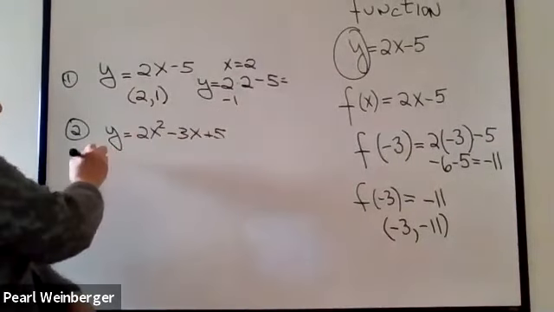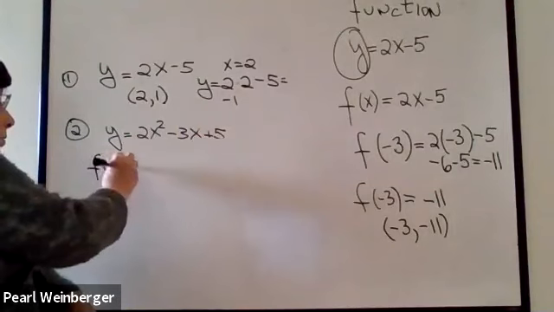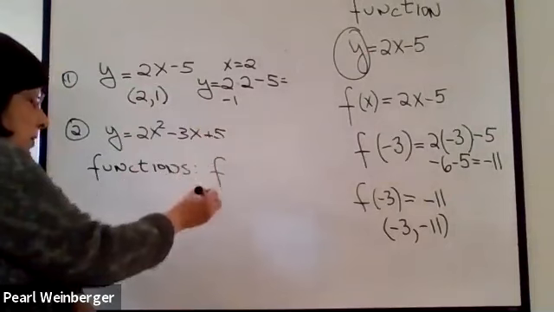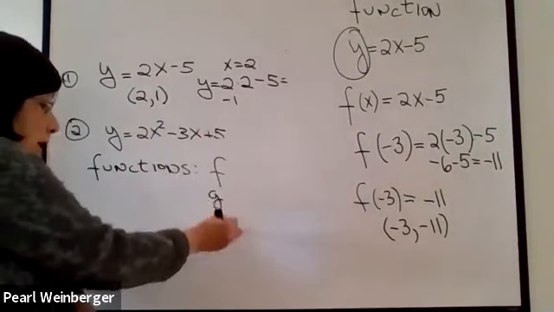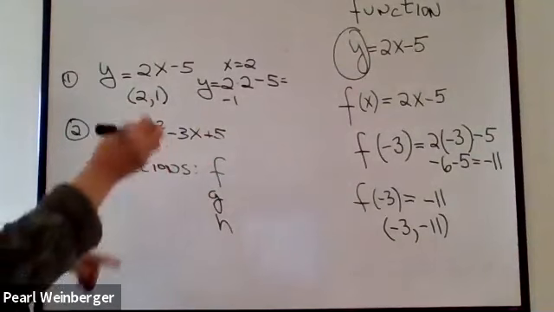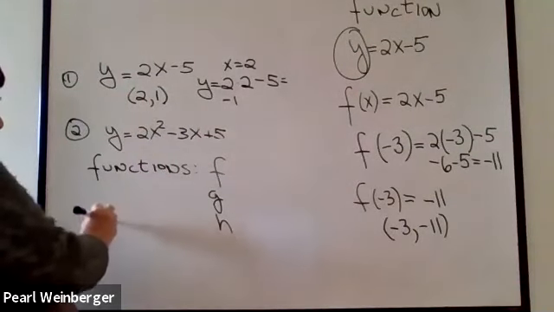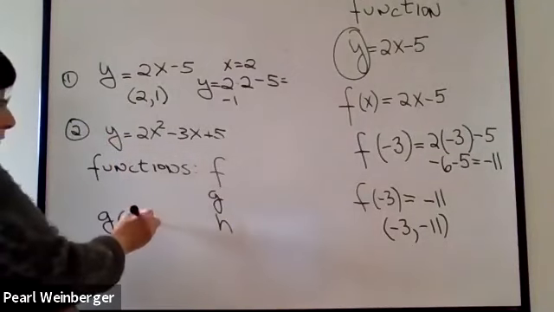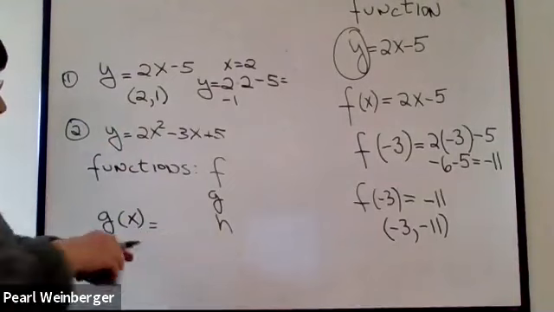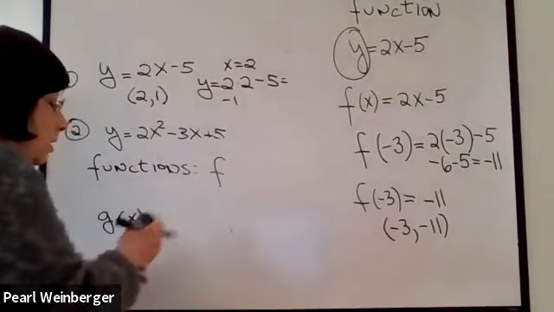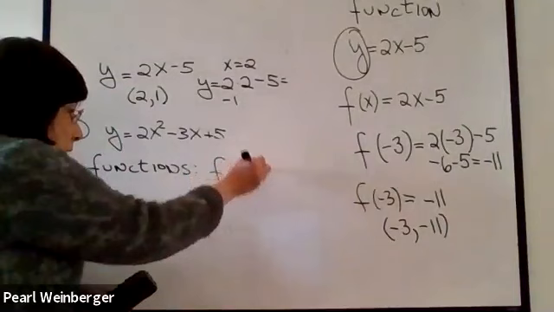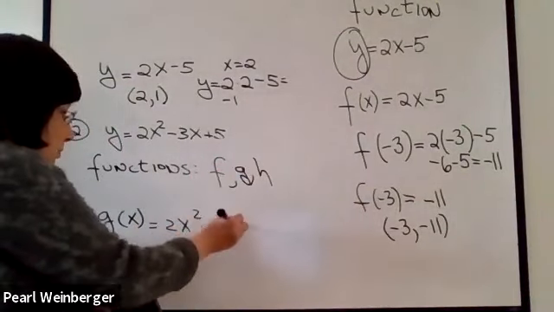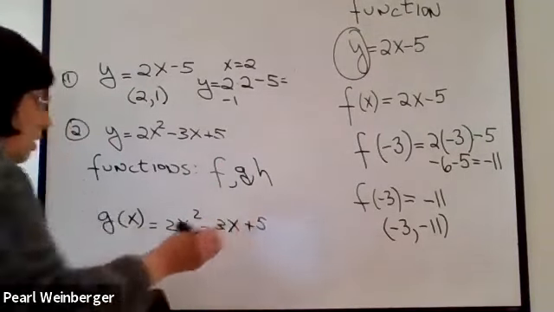Usually the most common is f, but then g and h are also commonly used. Instead of calling this y, let's call it g of x. I could say g of x is equal to 2x squared minus 3x plus 5.